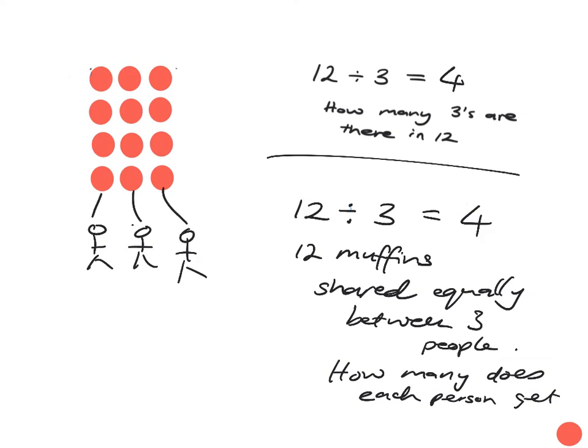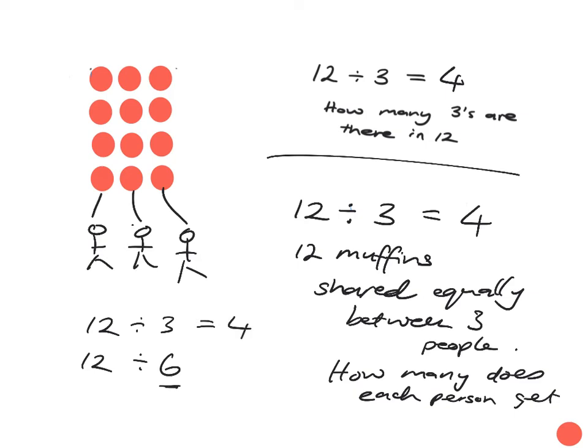Why do I like this other way of thinking about it? Well, it helps me when I get to thinking about how division works, right? When are you going to get a bigger answer from division? Well, hopefully you can see quite easily. If I divide now by 6, what's going to happen here?